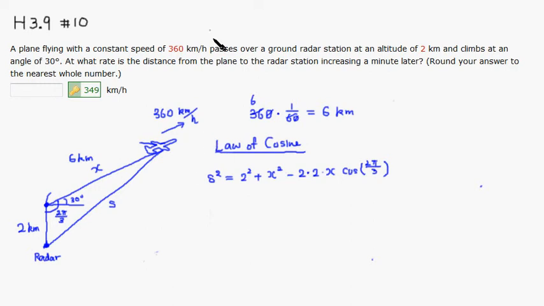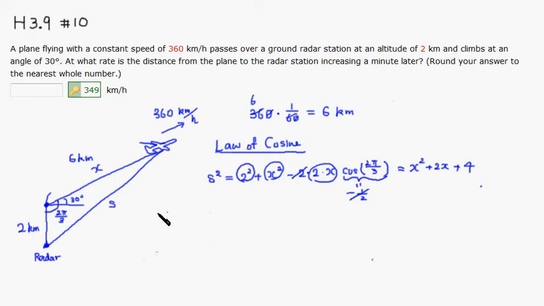Then I'll simplify a little bit. Cosine of 2 pi over 3 is equal to negative 1/2, so the negative 2 and the negative 1/2 cancel out. What's left is quite simple: x squared plus 2x plus 4. So that's the equation.